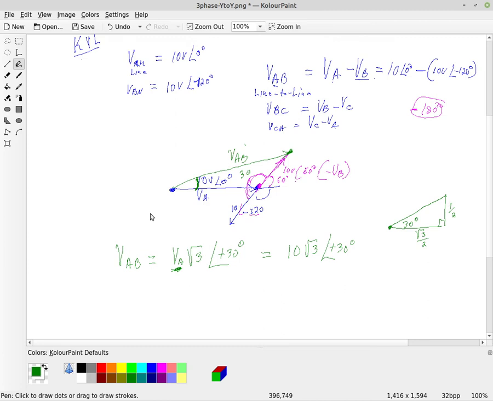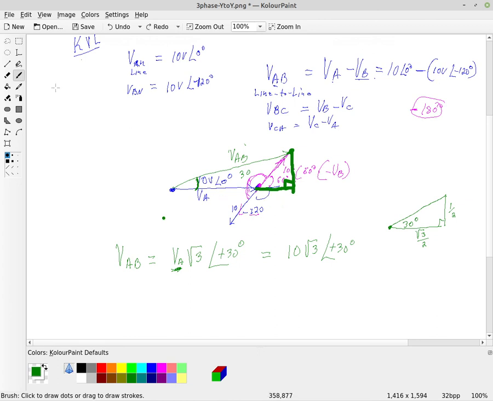And so basically what we're saying here is, we've got VAB going here. If we were to drop this and make a right angle out of it, it's bigger than VA by the square root of 3.